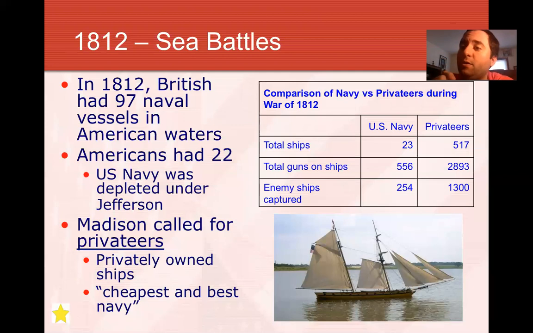The issue that we see with the U.S. Navy is to be prepared. Well, these privateers are going to be essential. Enemy ships captured by the U.S. Navy: 254. Privateers, the number of enemy ships they captured: 1,300. The numbers aren't even close. The privateers are able to capture over 1,000 more enemy ships than the U.S. Navy.